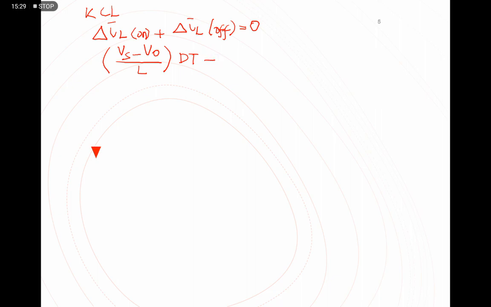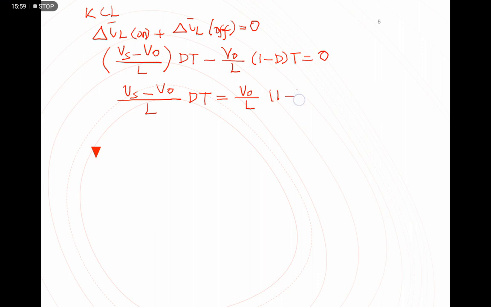Then you have delta IL when your switch is off, which is negative V0 over L multiplied by (1 minus D) times T, equals 0. So we bring it to the other side: V0 over L times (1 minus D) times T.